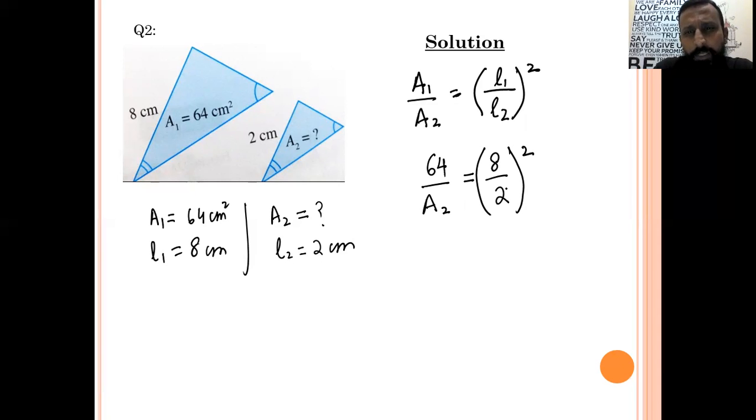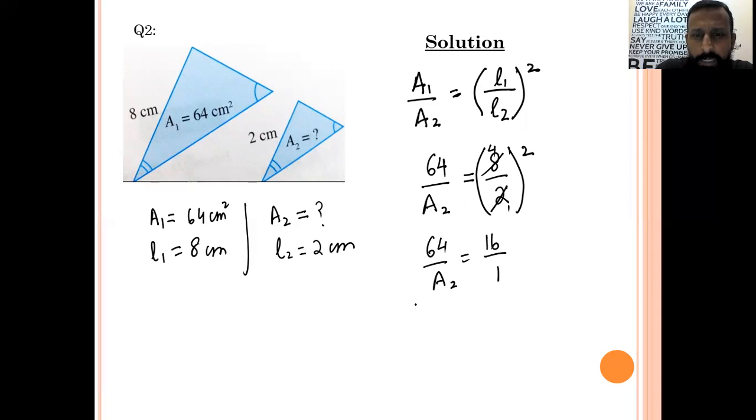You can simplify it. 2 ones are 2, 2 fours are 8, so 64 upon A2 equals the square of 4, 4 fours are 16, upon the square of 1 is 1. Again, you can cross multiply it, A2 on the other side. So you have 64 is equal to 16 A2.